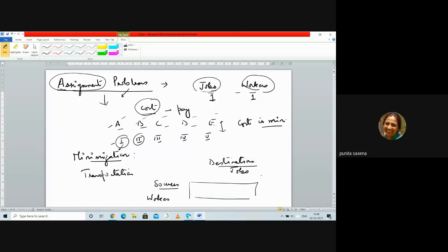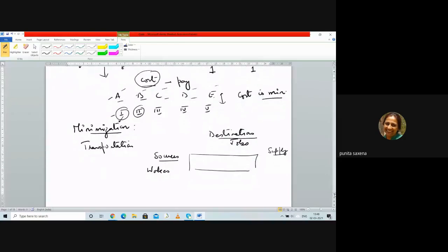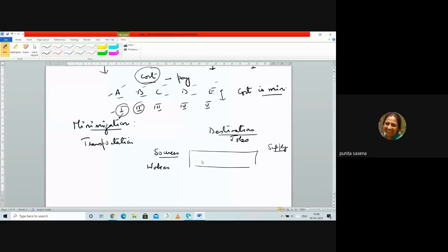But the only difference is that in the transportation problem, we had additional information on supplies and demands, you know, how much a particular source can supply or how much a particular destination has a demand. Depending upon their supply and demand, we had constructed a transportation problem.